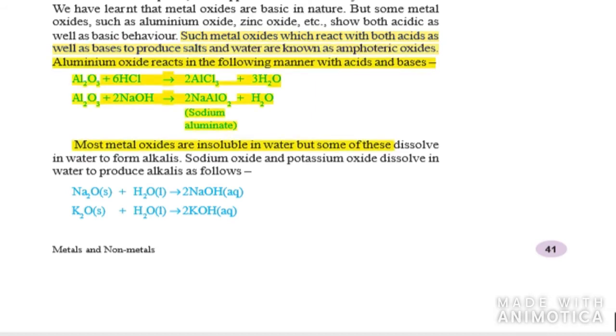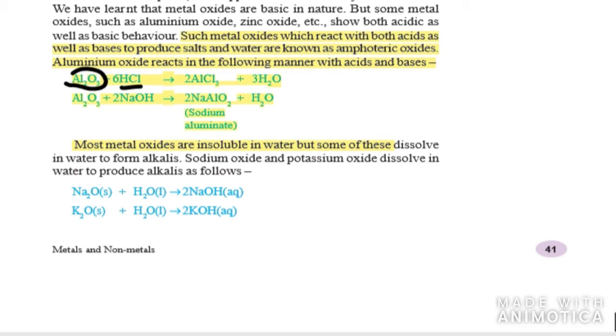Now, as you can see, they have shown two different examples for it. Aluminium oxide is an amphoteric oxide. Why? Because it can react with acid as well as with base. When it reacts with acid, HCl, hydrochloric acid, it forms aluminium chloride and water.